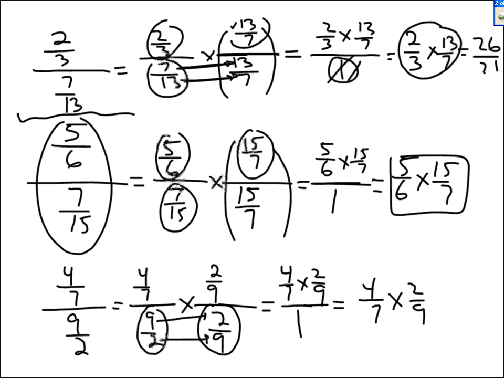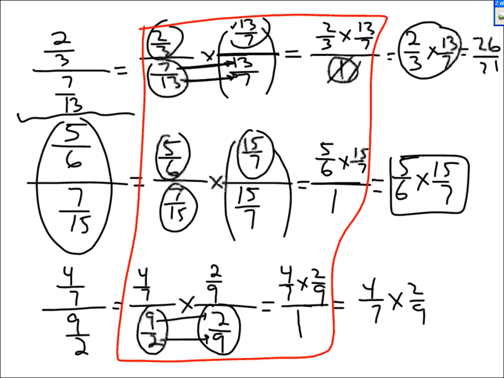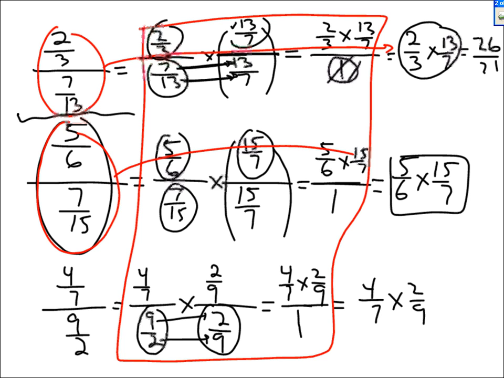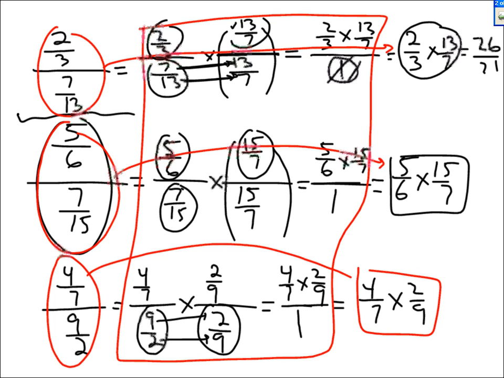Now, let's try to make you guys happy. Let's try to figure out how we could not do what's in red. That is, how can we go from here right to there? How can we go from this fraction right to there? And there's a pattern that keeps coming up.